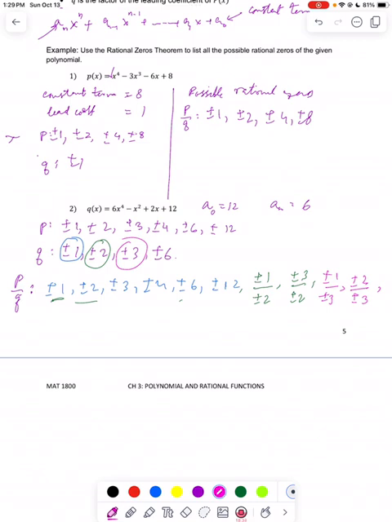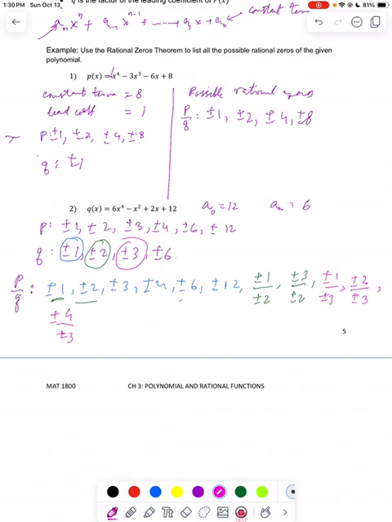We don't have that, so we will put it in. The next will be plus minus 6 over plus minus 3, which is going to give us plus minus 2, which is in the list, so we don't write that. Then next will be plus minus 12 over plus minus 3, which is going to give us plus minus 4, and that is also in the list already, so we will not write that.